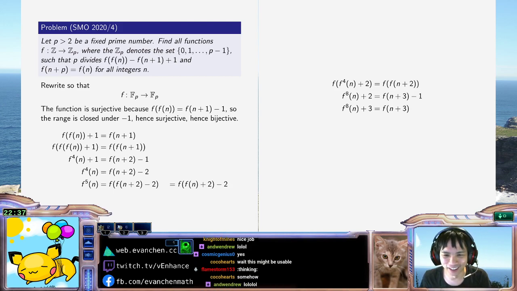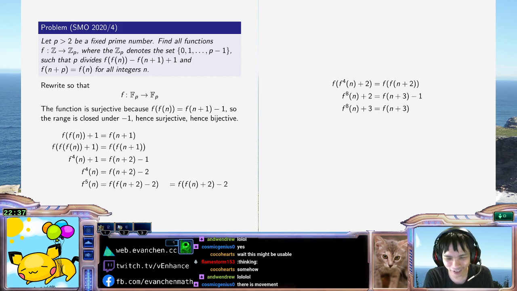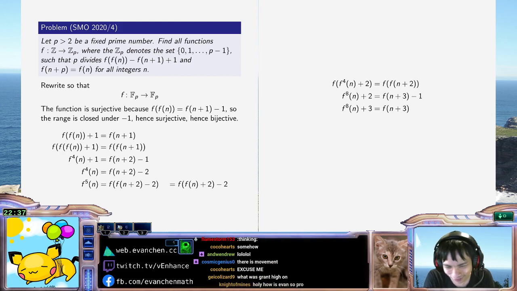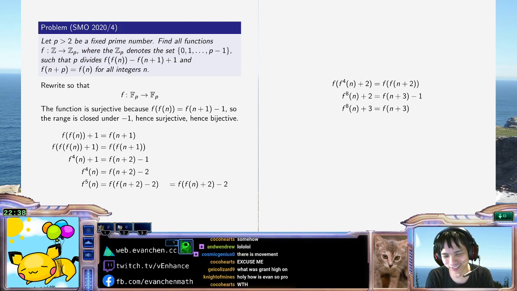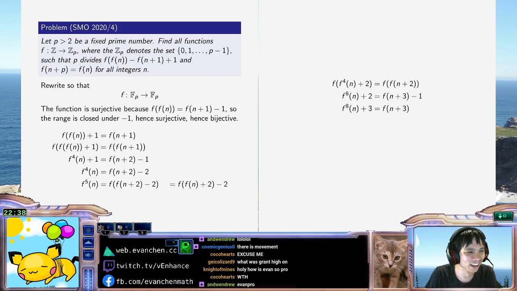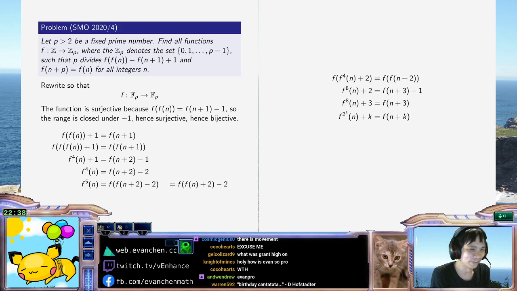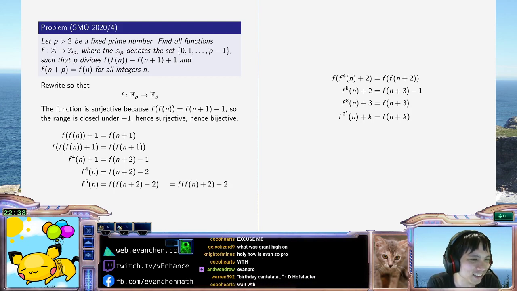Okay, I see a pattern here. We now have f to the 2 to the k n plus k is equal to f of n plus k. Why is this helpful? I have no idea, but... Alright, what does this do?